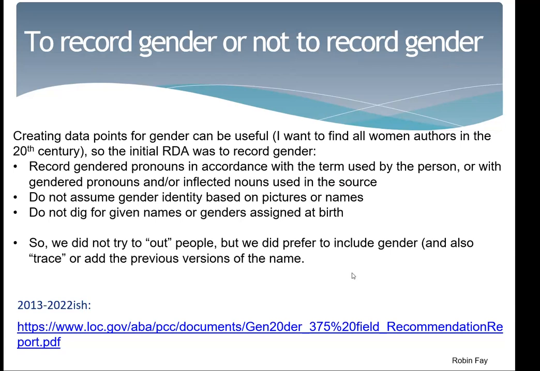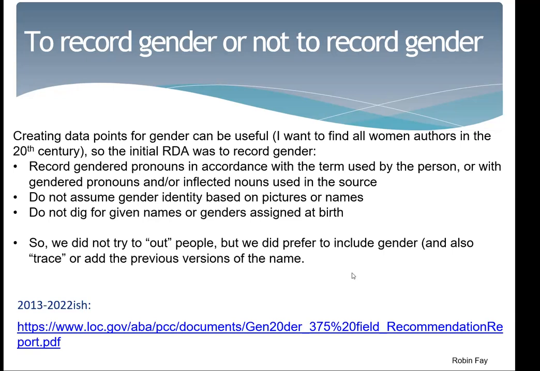Now, you would think, who would do that, right? But somebody would, because there was that initial push to add genders. So what we came to, which I think was useful, say I want to find all women authors in the 20th century. Well, how do I find that if that information is not included in the data somewhere?